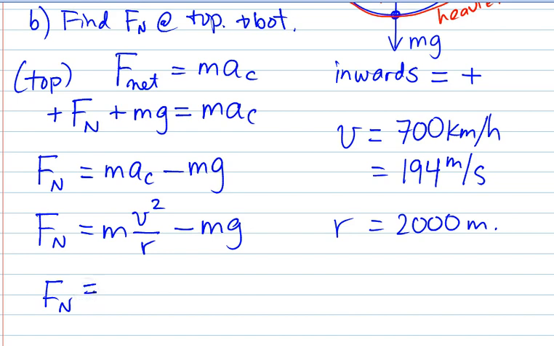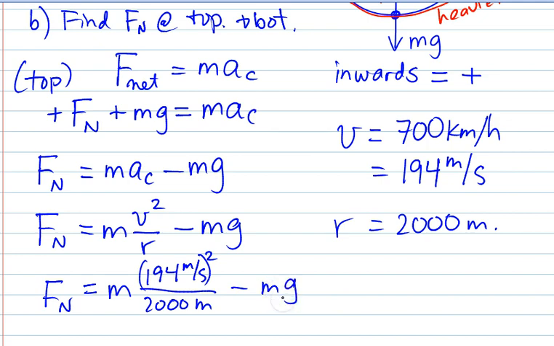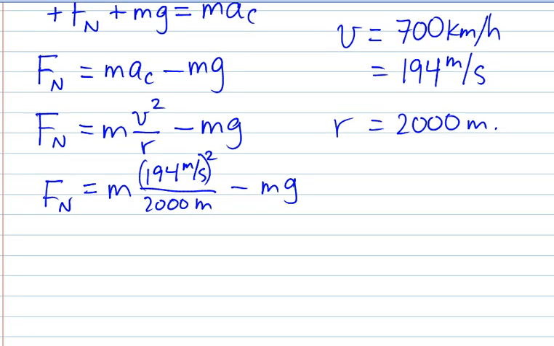I don't know if we have a mass for the pilot, but what we can do is calculate v squared over r, and at the top that turns out to be about 194 meters per second squared over 2,000 meters, and then m, and then g. I'm just doing this the way that the book does, so it's a little bit weird with the numbers.